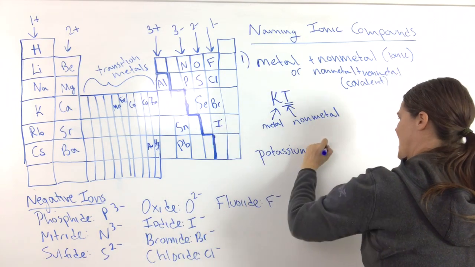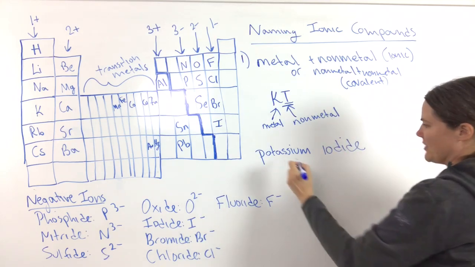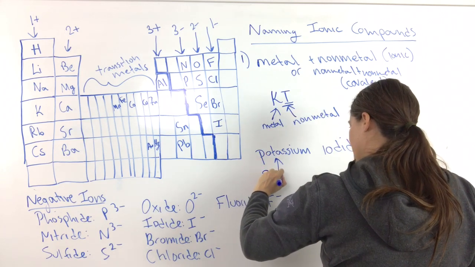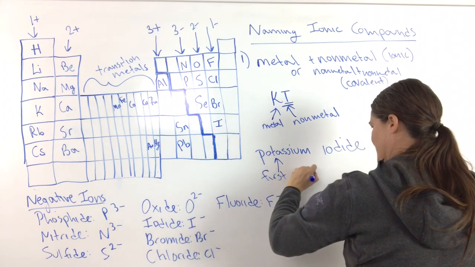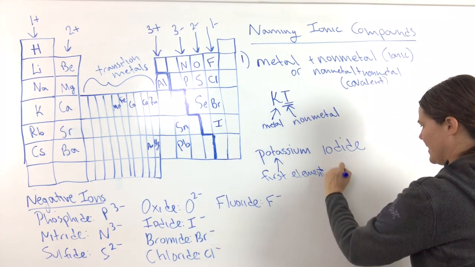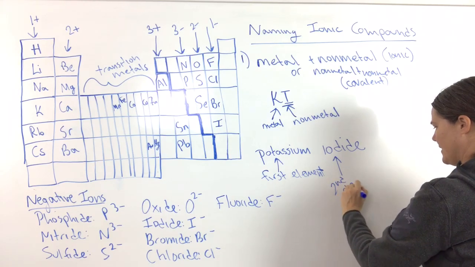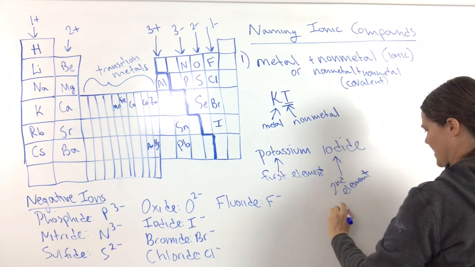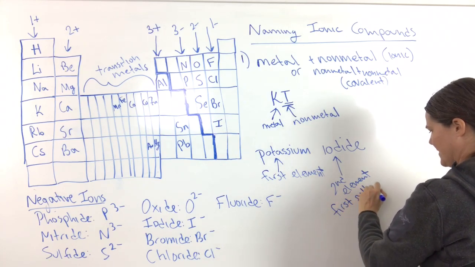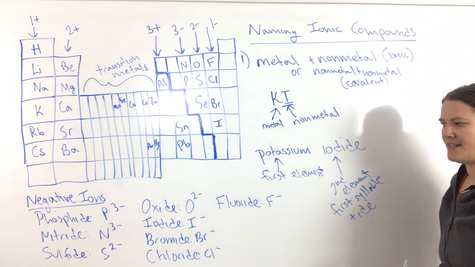Since we have iodine here, this would be iodide. So the first element is the metal, and then for the second element we use the first syllable of the name plus IDE.